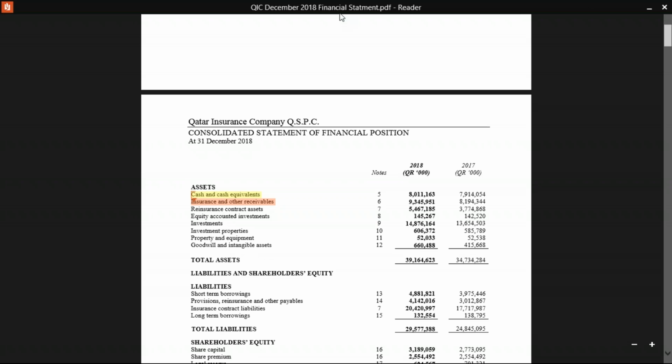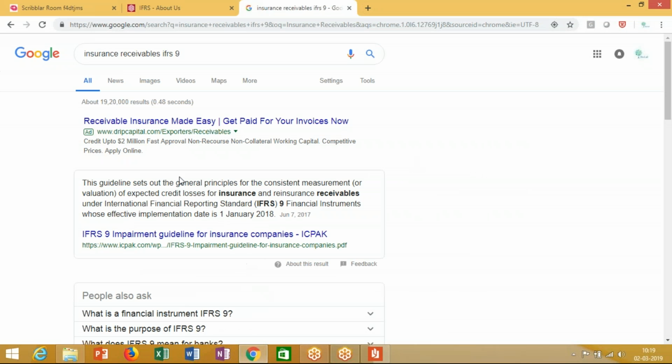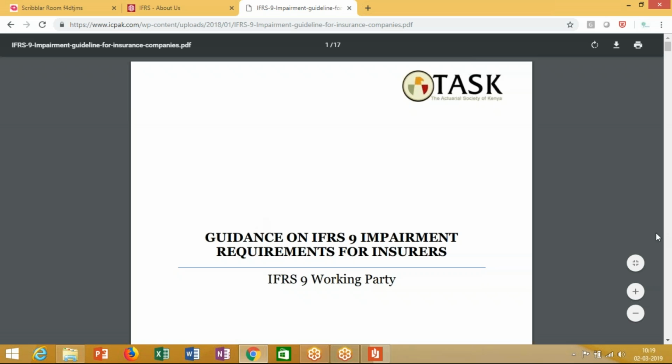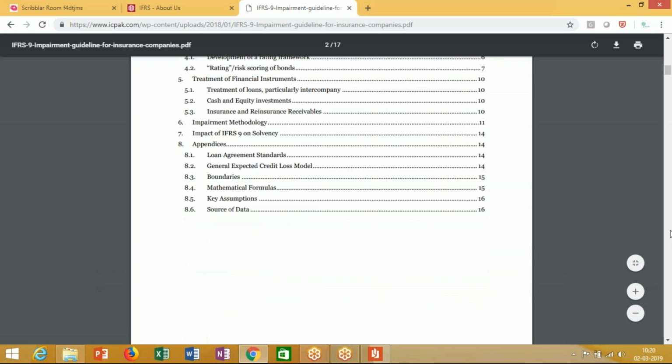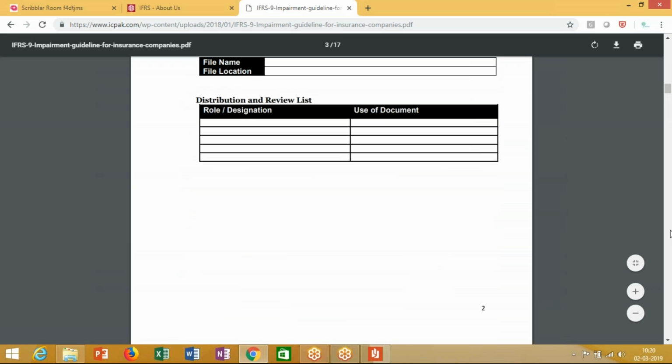So let's look into this IFRS 9 impairment guideline for this particular part. One thing that we need to check among this entire document, the crux of the search, would be whether these insurance receivables fall under amortized cost, FVOCI, or FVTPL.